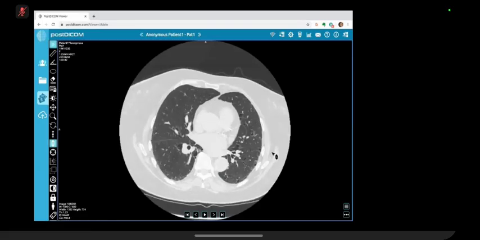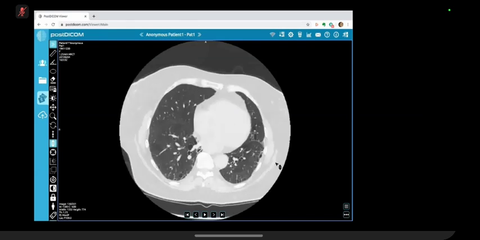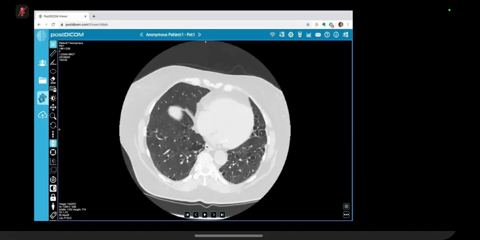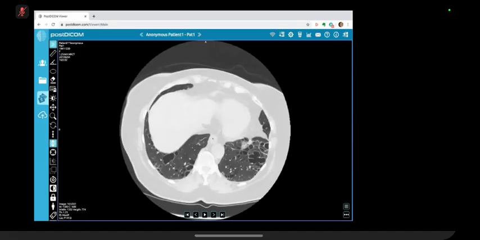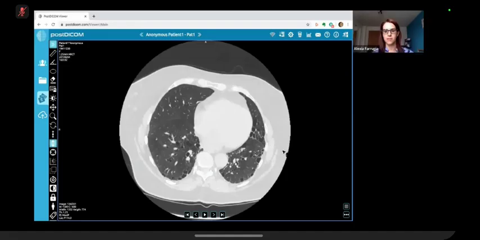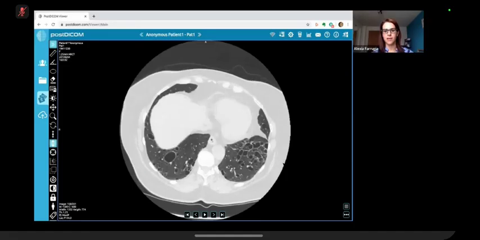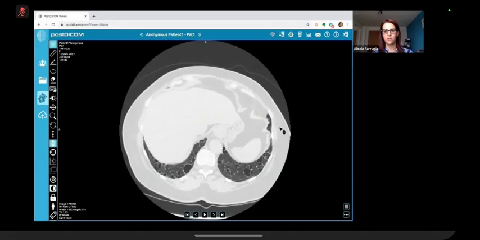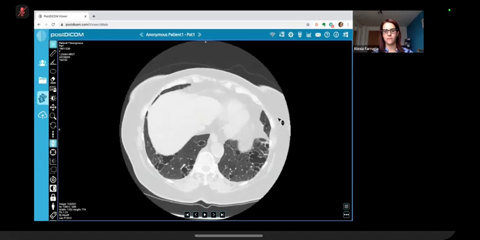And the lung bases in particular, there's quite a few almost coalescing, like in that inferior lingular, coalescing cystic areas. Yes, that's correct.